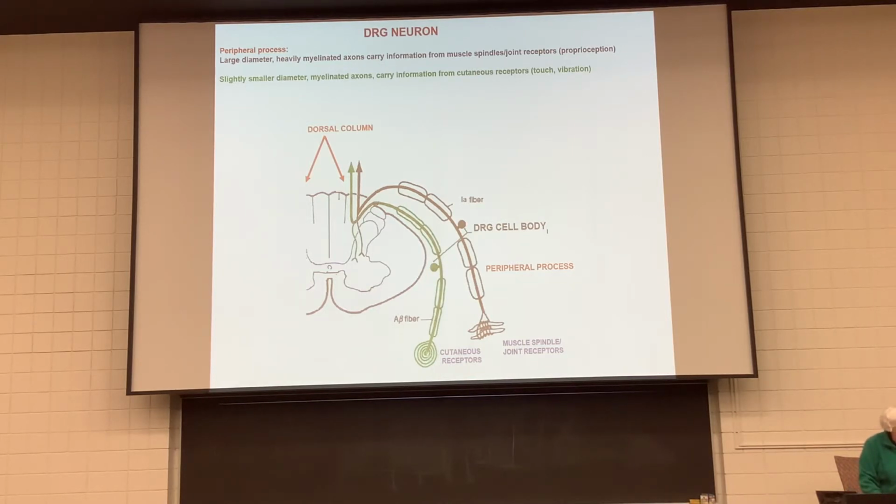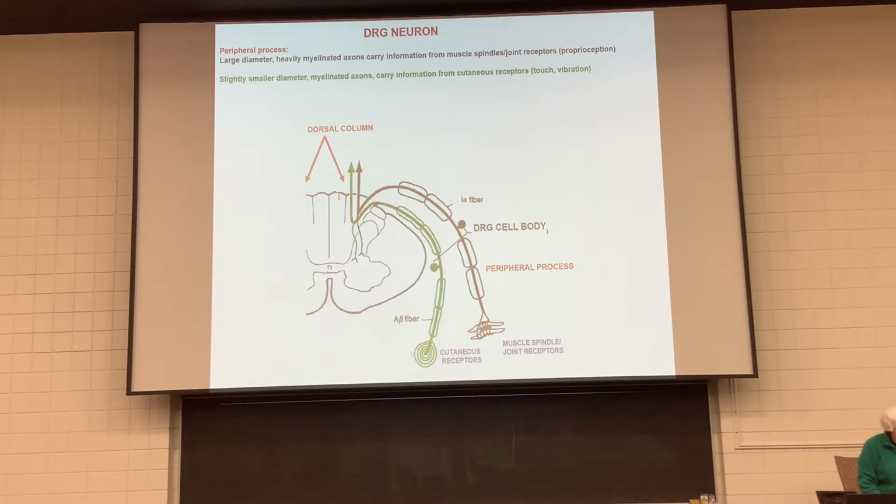So that information, remember, is kind of an antidromic propagation of the action potential. The terminal for at least 3 out of 4 of the receptors, 3 out of 4 of the D-type endings, have mechanosensitive receptors that are part of the peripheral process itself.